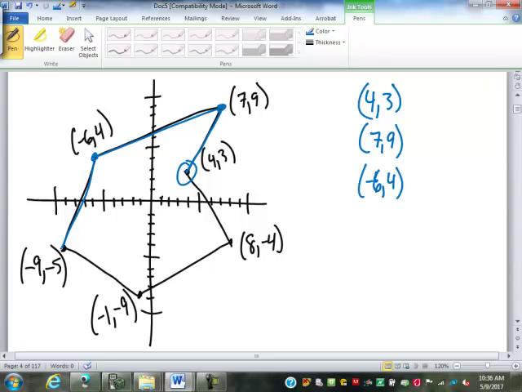And then negative 9, negative 5. And then negative 1, negative 9. And then 8, negative 4. And then back to the beginning, 4, 3.